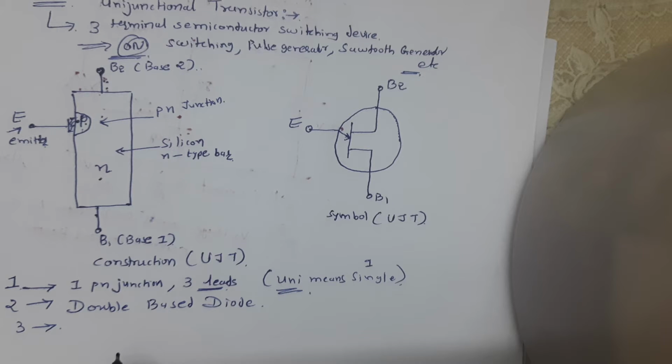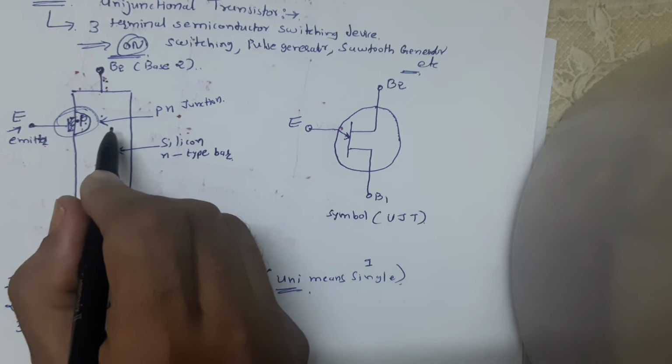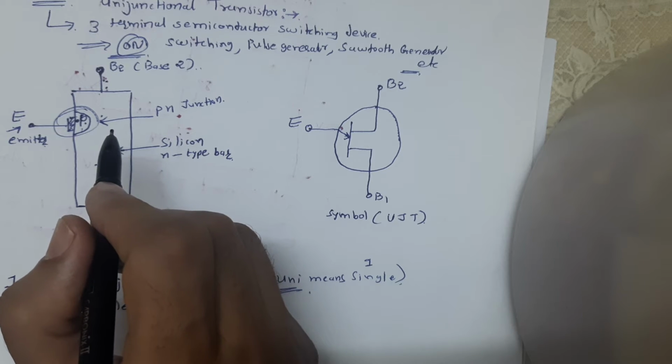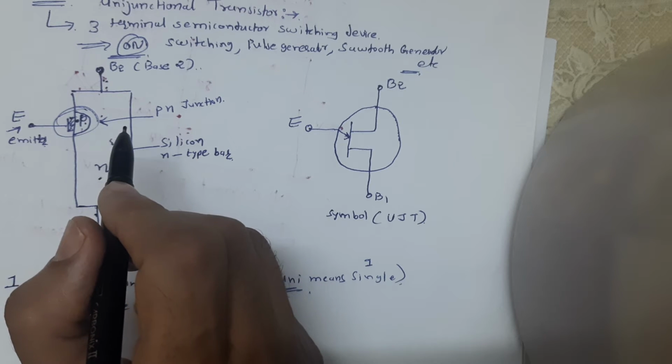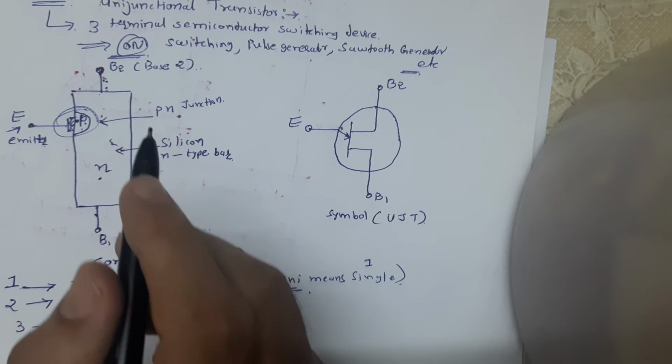The third point is that the emitter is heavily doped, having many holes. The N region, however, is lightly doped. For this reason, the resistance between the base terminals is very high when the emitter lead is open.